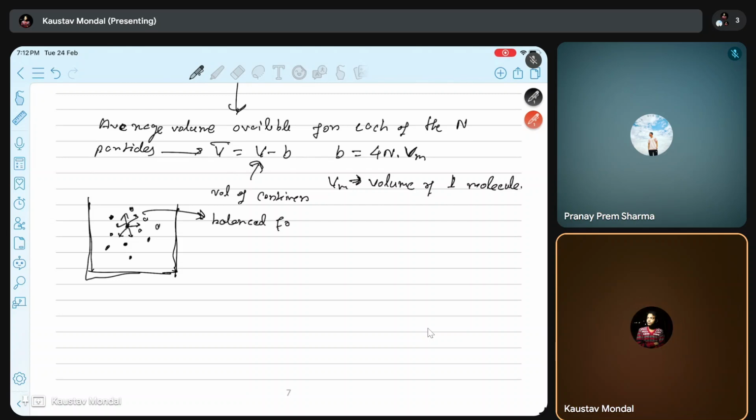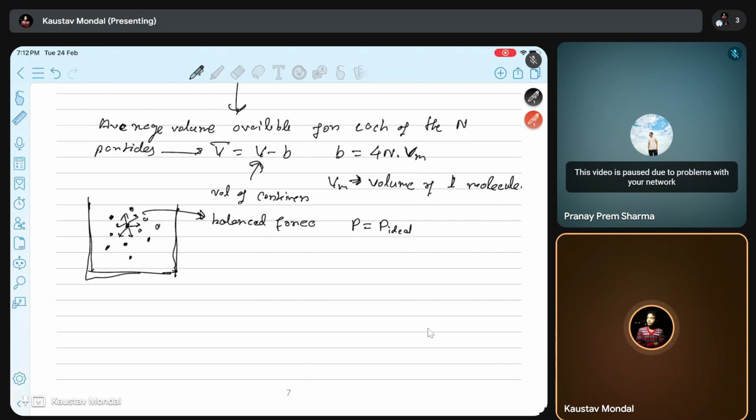That means inside this container, the pressure exerted is a fixed value, and that is the ideal pressure, the pressure of the ideal gas. But for the molecules closer to the wall of the container, the scenario is different. They face an asymmetric force, because the other direction is blocked by the wall.